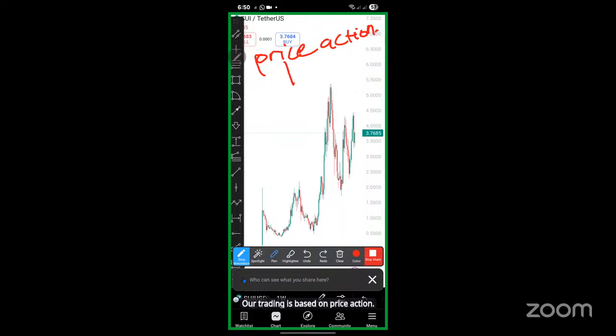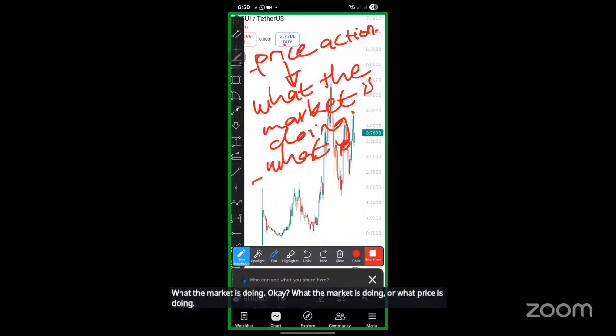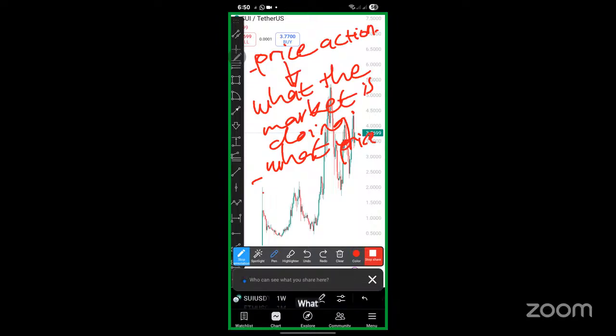Price action simply means what the market is doing, or what price is doing. What is price doing?